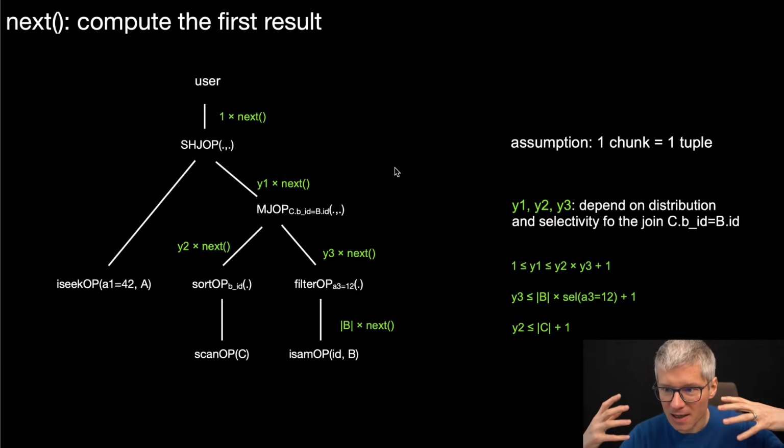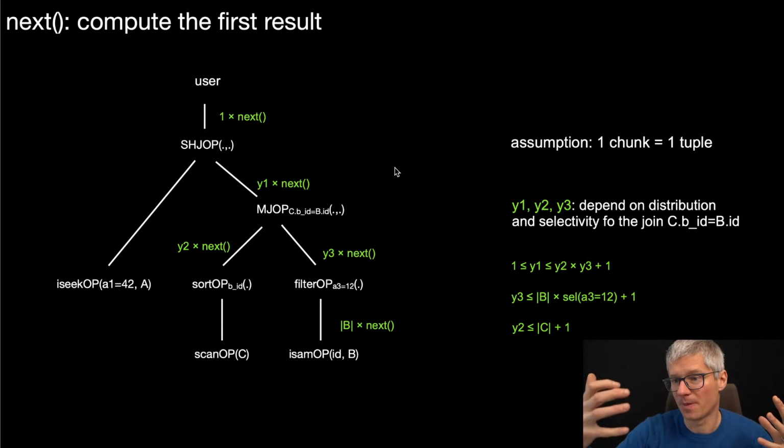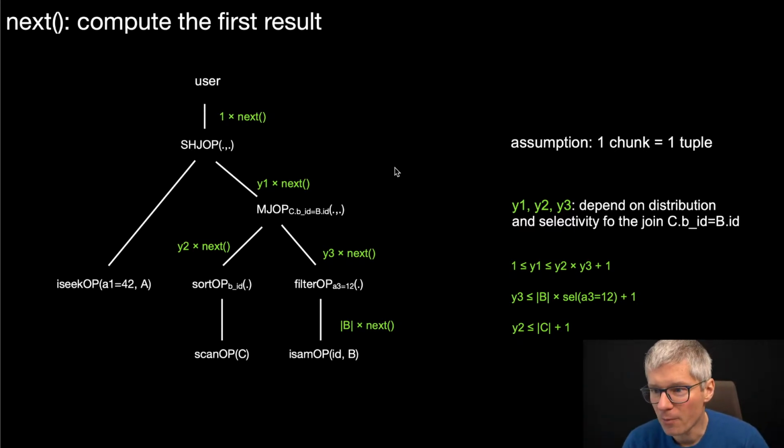So you try to organize your query pipeline in a way that only the work that needs to be done is actually done and not more than that. Why would that make any sense? Think about that. Why would I want to organize my pipeline in a way that I call next a couple of times, and for every next call I try to do only the necessary work and then I stop?